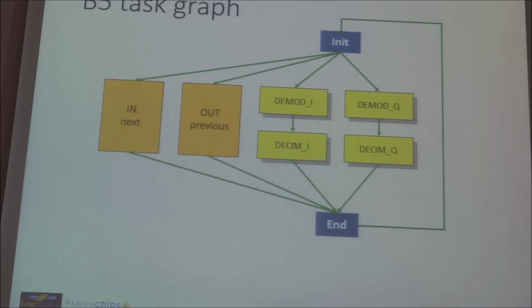We decide what the size of the data is. And in parallel, we push out the previous set of data. And in parallel, we compute the present set of data by doing the two demodulators and then two decimators. And these are separated to I and Q, in phase and quadrature. It's just like complex numbers. And I depends on I and Q depends on Q, so they are in two different sides.